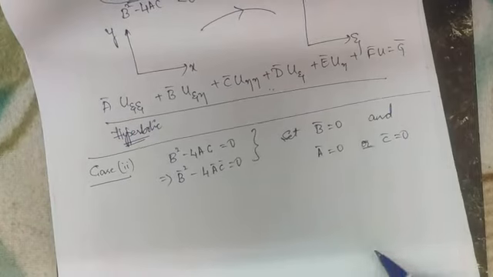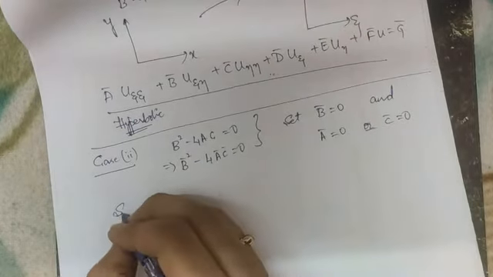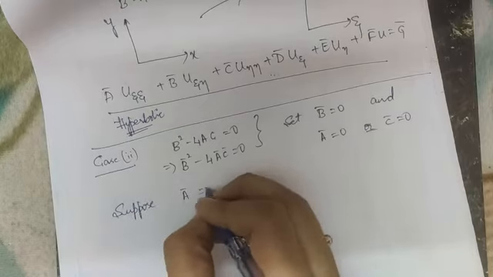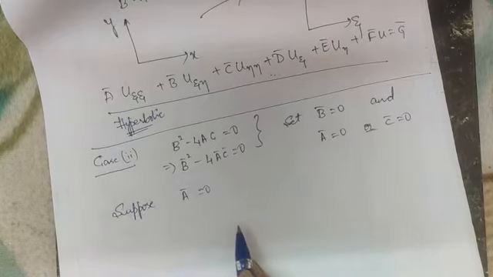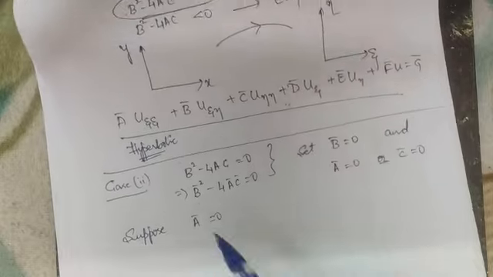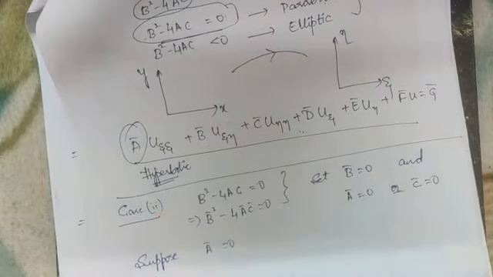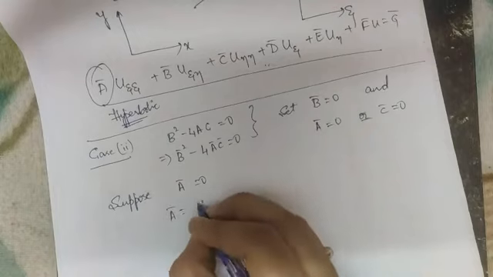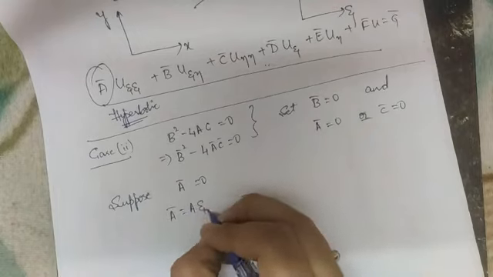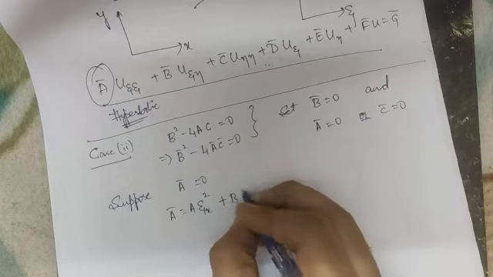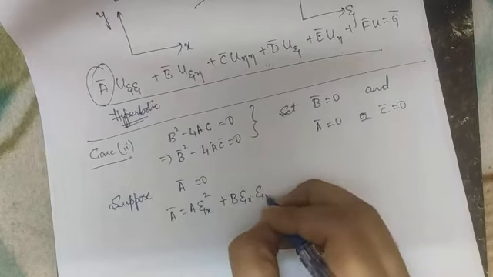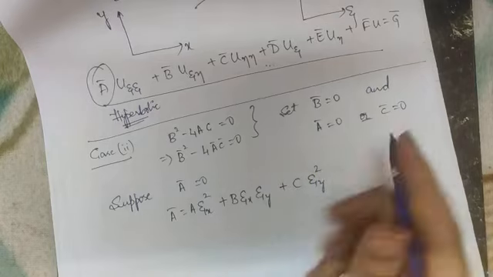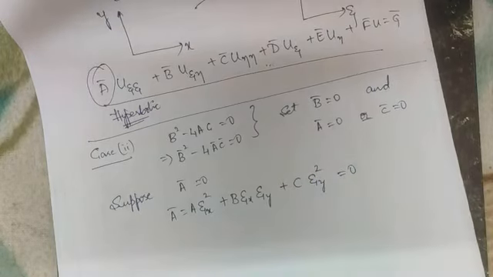Now suppose a bar is equal to 0. From the derivation part we know the value of a bar. A bar is nothing but a xi_x square plus b xi_x xi_y plus c xi_y square. This whole term is equal to 0.